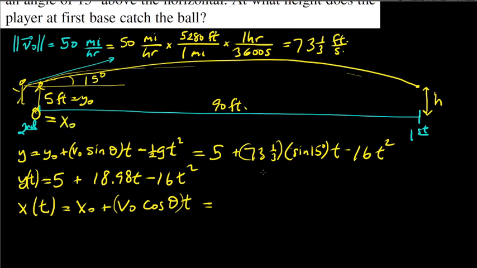And v0 we know is not 50, but 73 1/3. So this will be 73 1/3 times the cosine of 15 degrees times t.